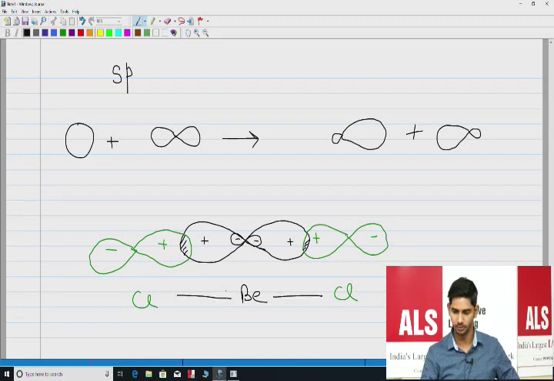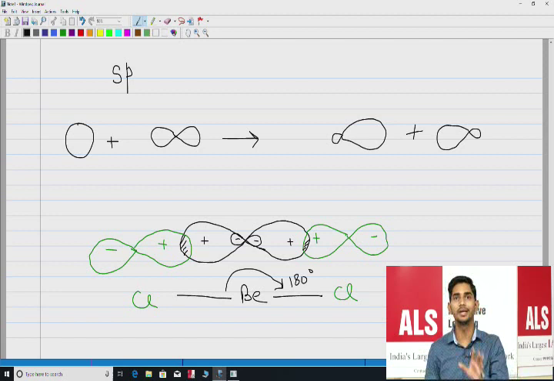This is BeCl2 and the bond angle is 180 degrees. First of all, tell me, are you clear how BeCl2 is formed and why we are saying it is an sp hybridized molecule? Good.